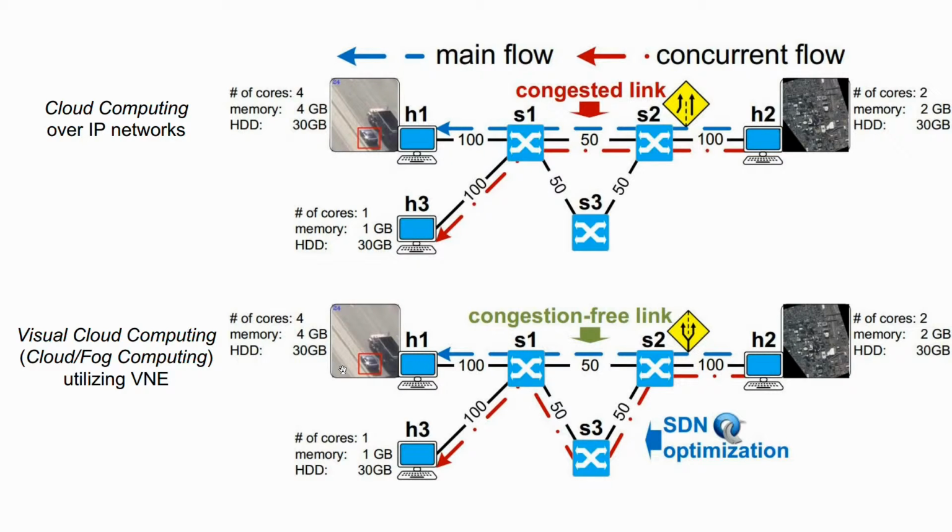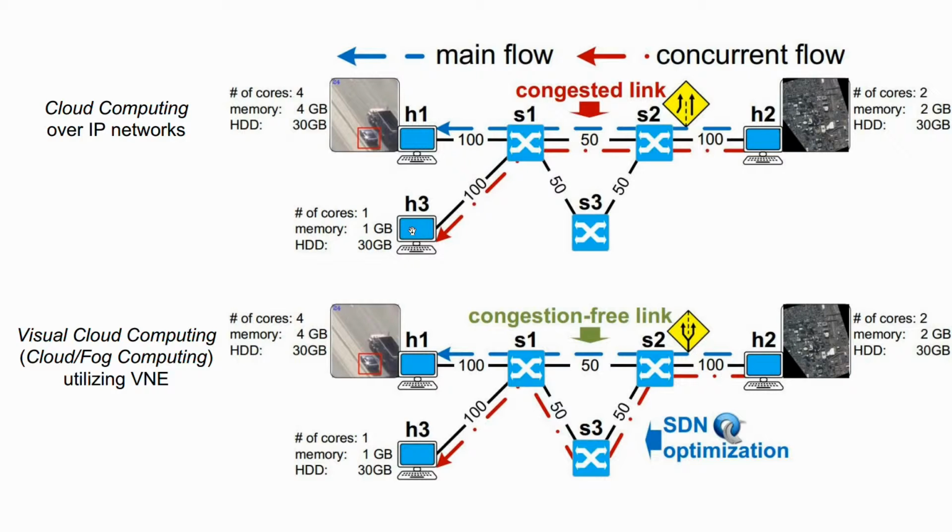So as we will show later, it allows us to run tracking online in contrast to cloud computing over traditional IP networks, where in this case we have to wait some additional penalty time before we can track the object itself.